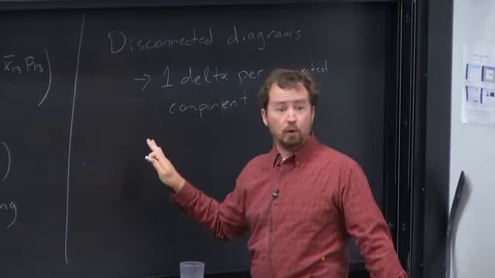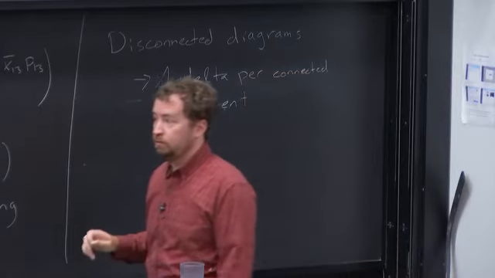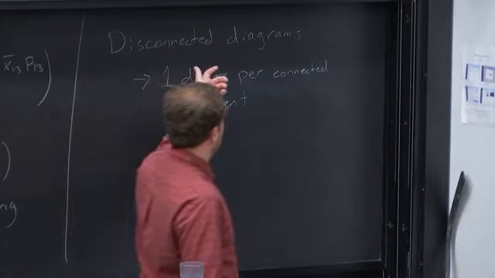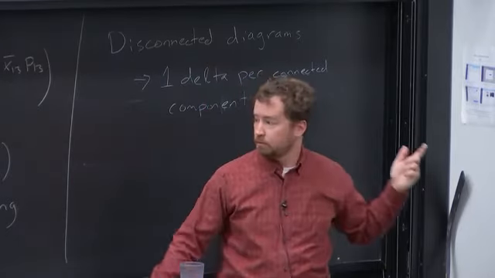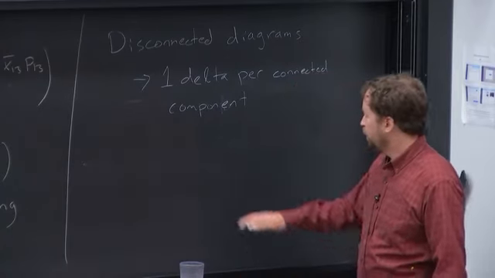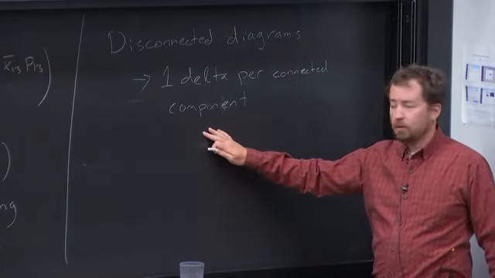Which means we'll have more deltas than the single delta we expect, at least for fully connected scattering. And so it doesn't mean that the disconnected diagrams are zero. Some of them are, some of them won't be. It doesn't mean that they're uninteresting.